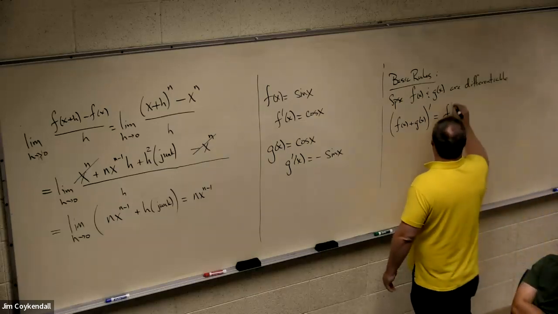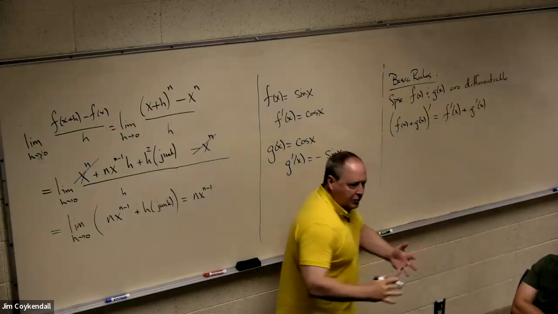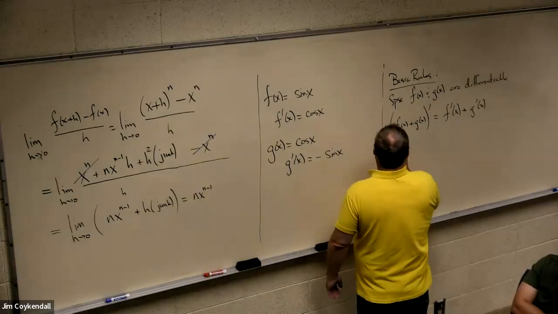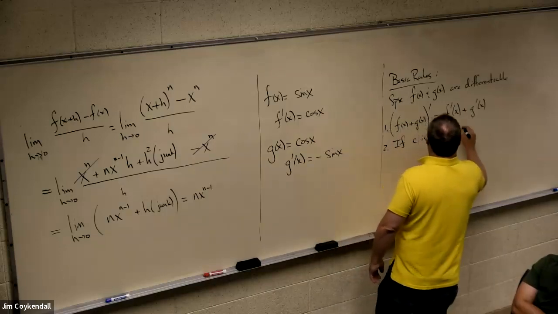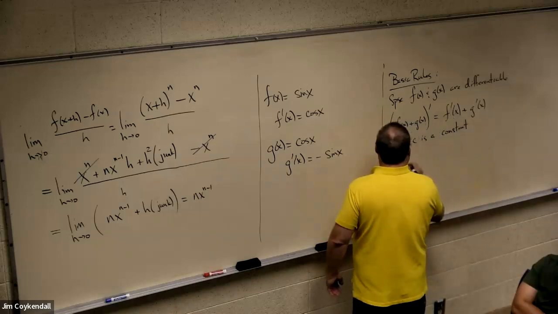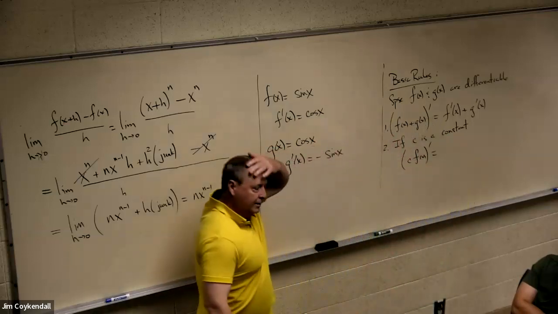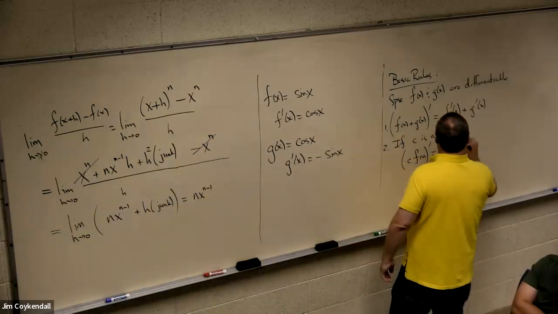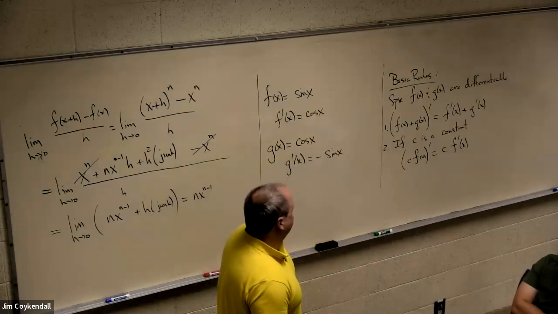This one's the easier thing. Just take the derivative of each. If c is a constant, then the derivative of c times f, you can just pull out the c. Okay.